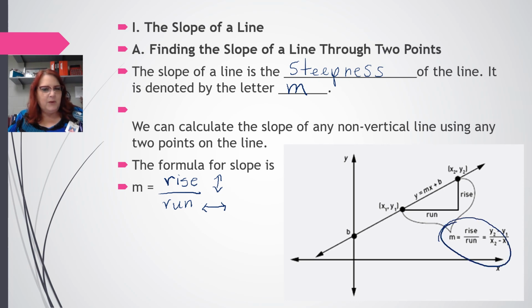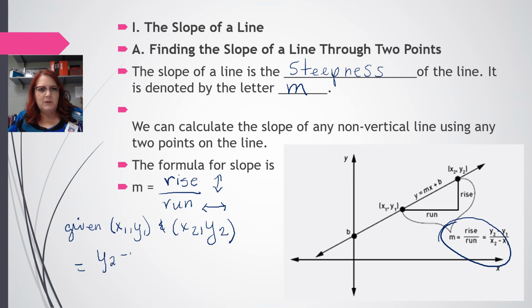So if you're given the points x1, y1, and x2, y2, your slope is going to be then the change in the y's, y2 minus y1, over the change in the x's, x2 minus x1. So it's also right there.